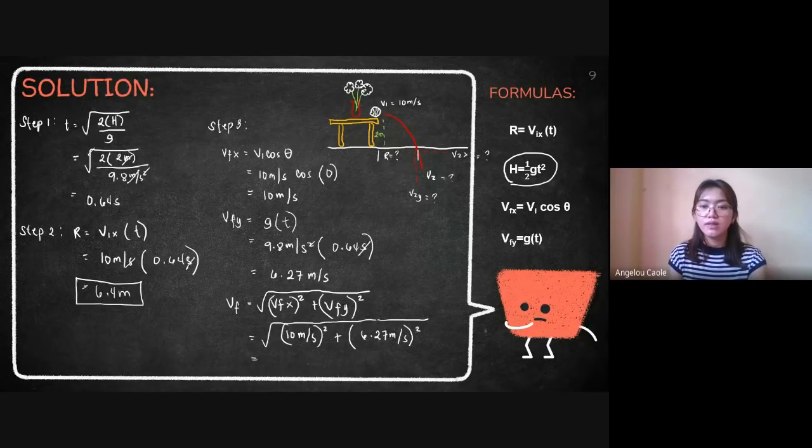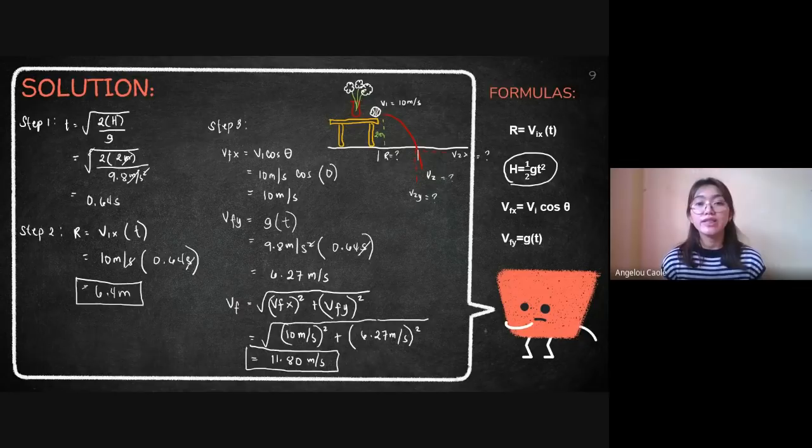The answer here is 11.80 meters per second. So our final answer: the range is equal to 6.4 meters and the final velocity is equal to 11.80 meters per second.